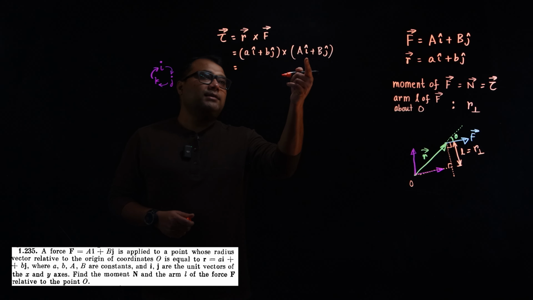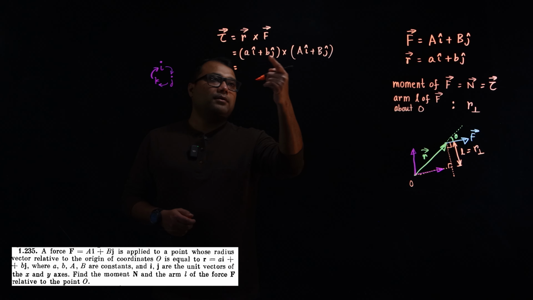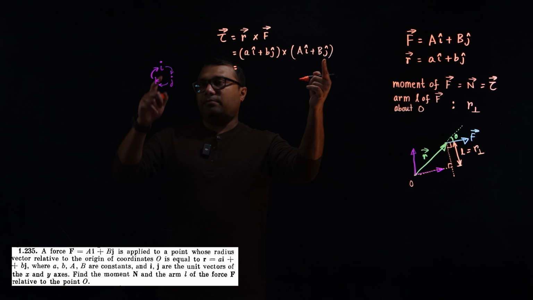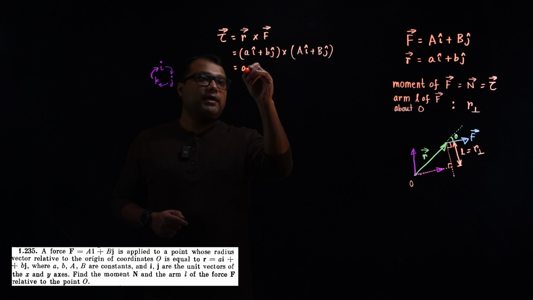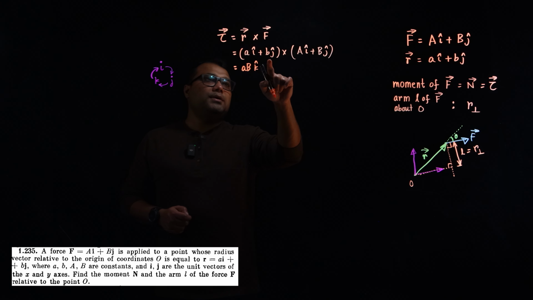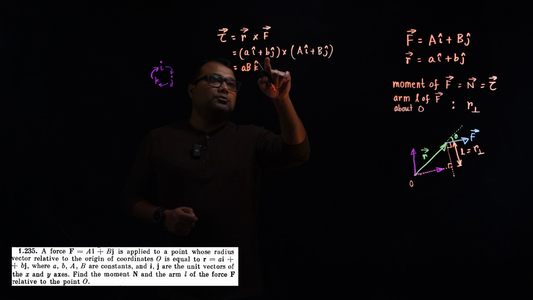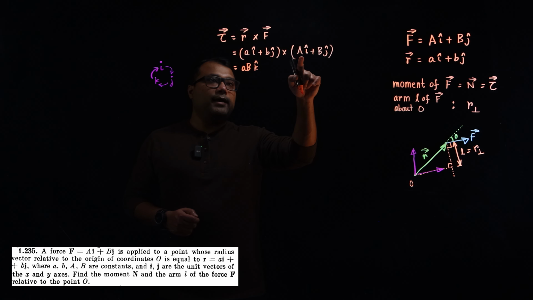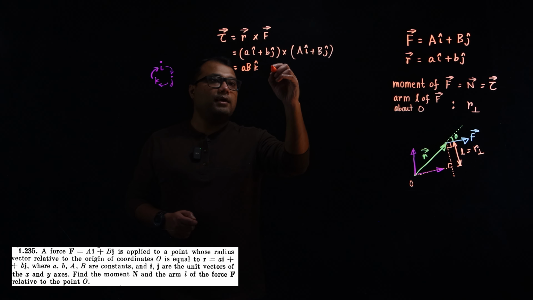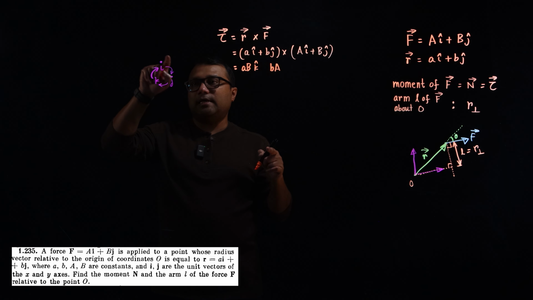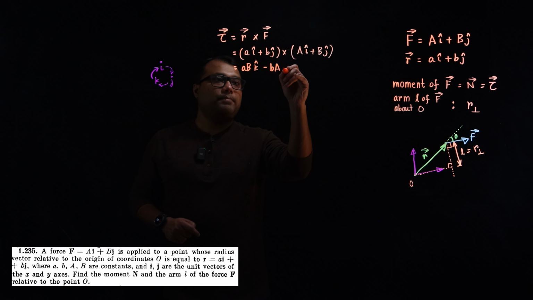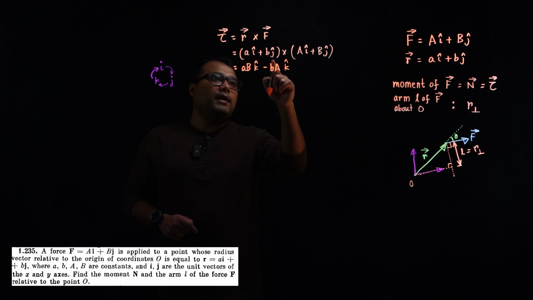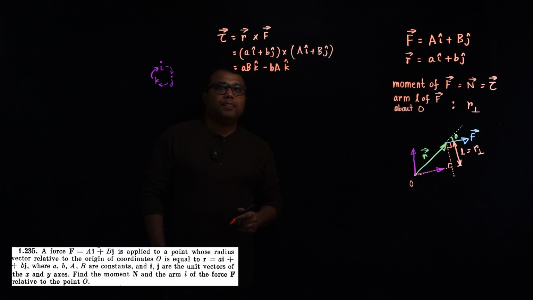Okay. So now let's do the multiplication. i cap times i cap is 0, i cap times j cap will be k. So a, B, k cap. Similarly, b j cap times A i cap, so b A, and j times i is minus k cap, and j times j will be 0.